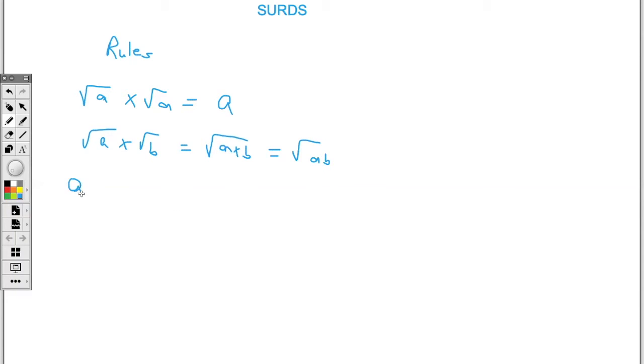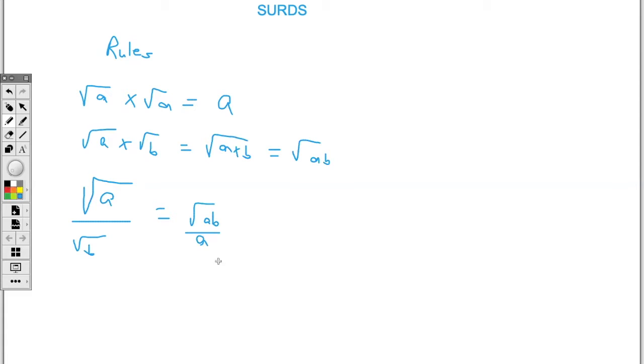If we have the square root of a over the square root of b, it is the same thing as root ab over b.